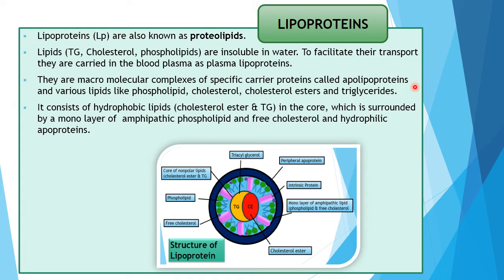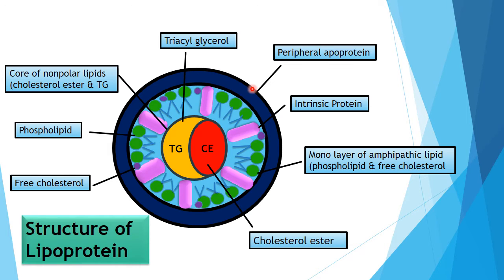That's why these proteins make them water soluble. It consists of hydrophobic lipids like cholesterol ester and TG in the core, which is surrounded by a monolayer of amphipathic phospholipid, free cholesterol and hydrophilic apoprotein. You can now clearly see the structure. The core is cholesterol ester and triacylglycerol, surrounded by phospholipids with a phosphate head and a non-polar tail of CH2 groups.